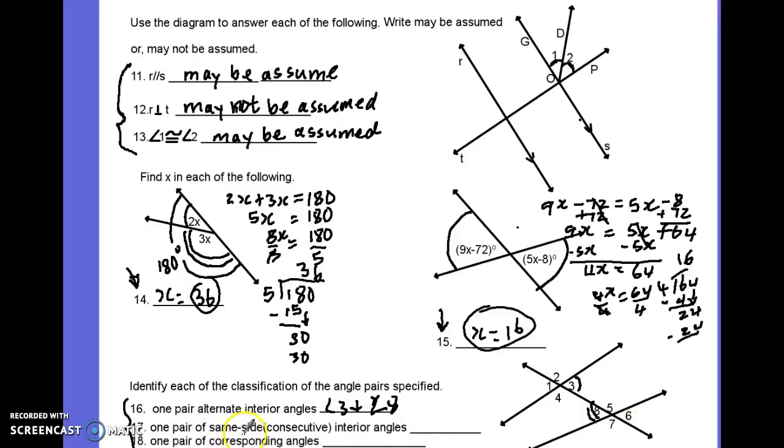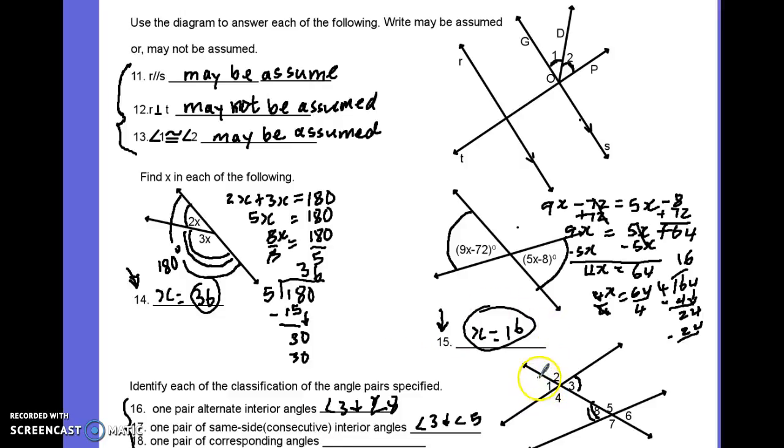How about a pair of same side or consecutive interior angles? Same side means the same side of the transversal. So it would be angle 3 and angle 5. They're at the interior. And finally here, one pair of corresponding angles. Corresponding means matching.